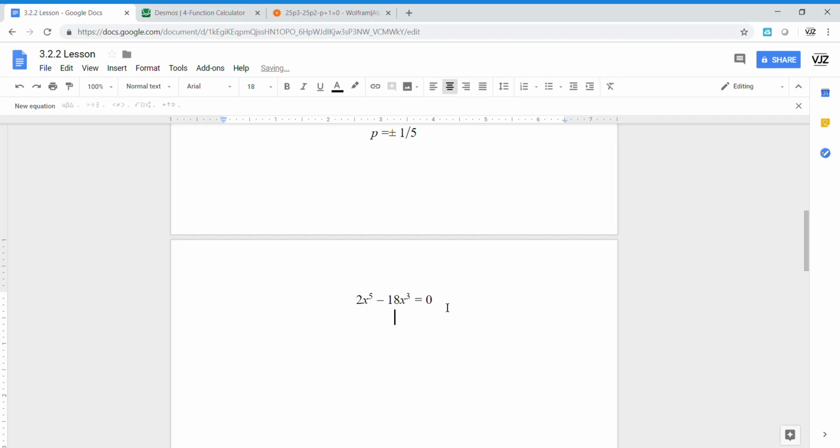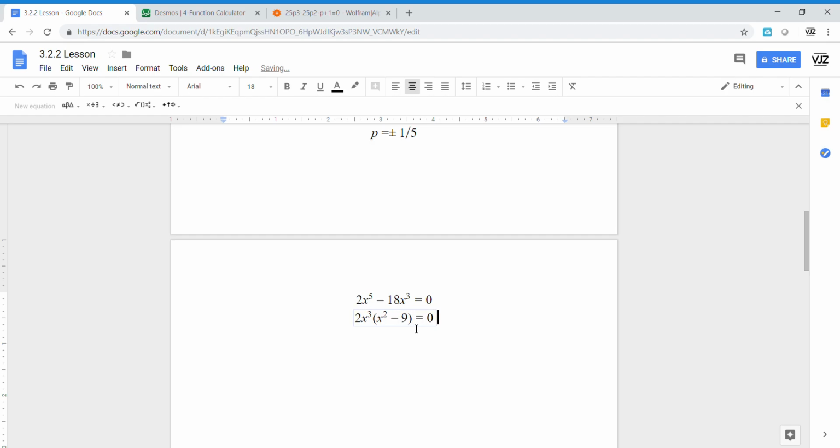Very easy. We'll just take out, let's take out 2x to the third. That should do it. Now we have x to the second minus 9.